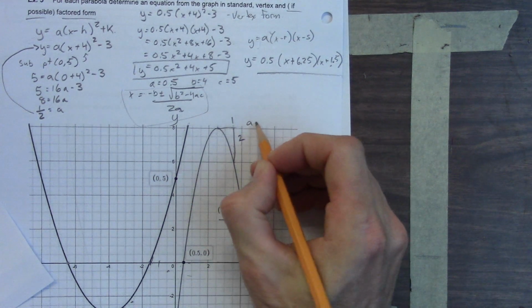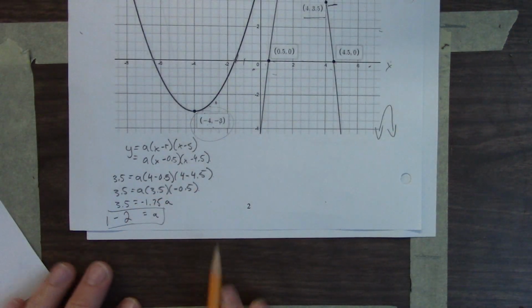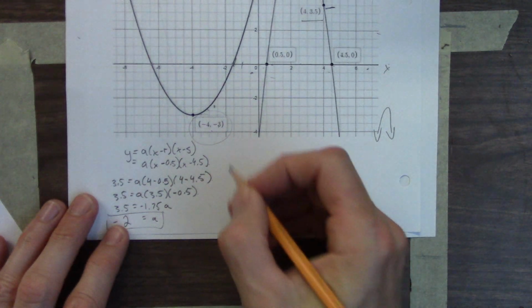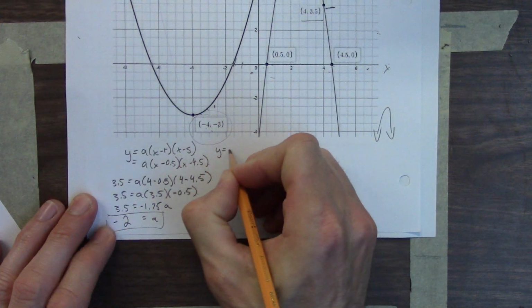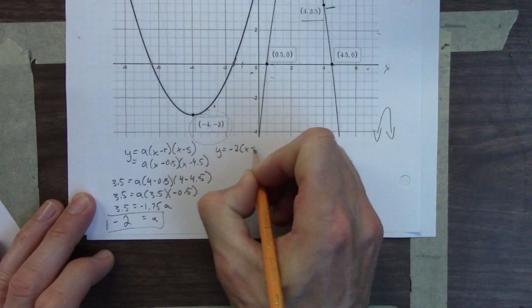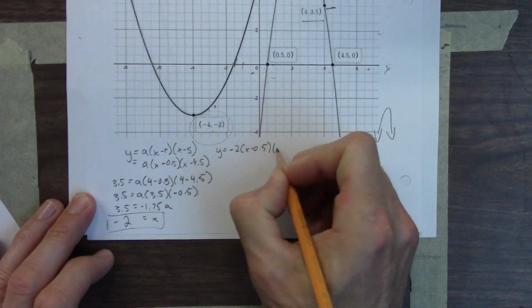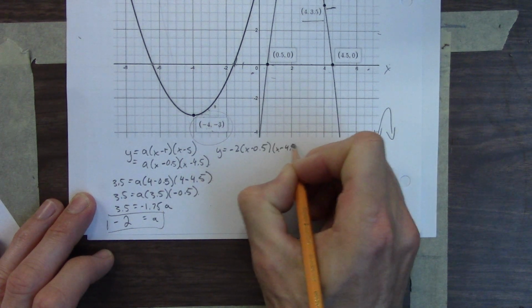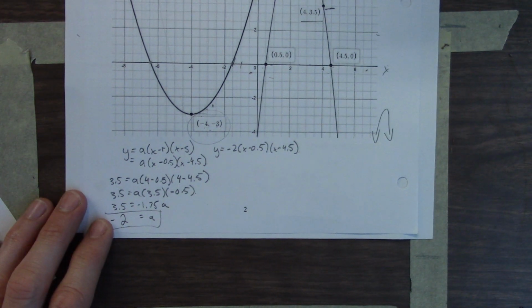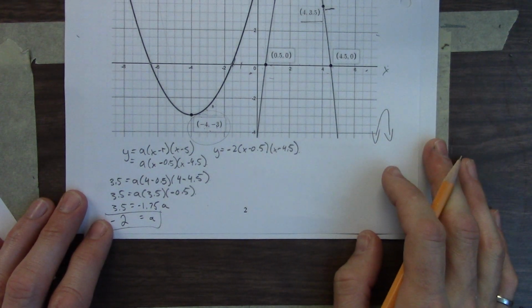So we can see the A value is negative 2. So there's our factored form: y equals negative 2, x minus 0.5, x minus 4.5. That's our factored form. Okay?